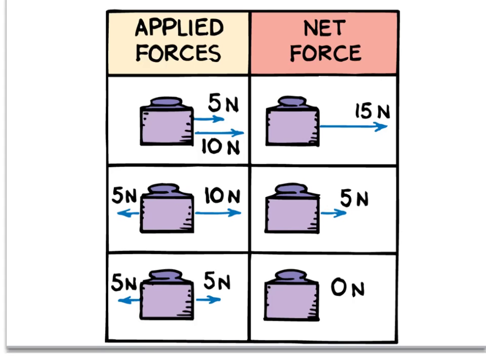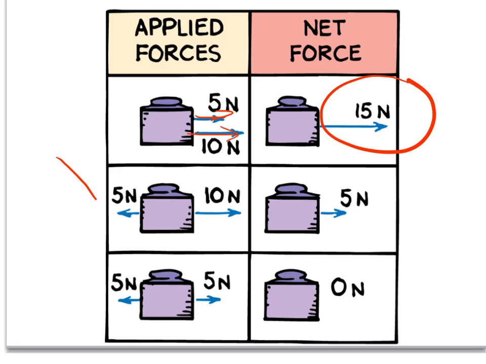This diagram is a very good representation of what is meant by force and net force. You have a block sitting somewhere, and if there is something that is pulling on it with a force of 5 newtons in one direction and something else pulling with a force of 10 newtons in the same direction, overall there will be a total force on the object of 15 newtons in that direction.